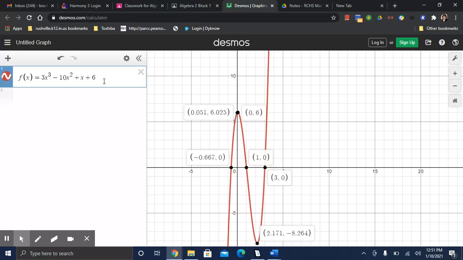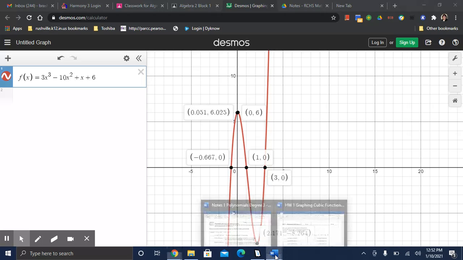You will be typing in to see what your graph looks like, but we already have the graphs done for you on your homework, and you will just have to match what you see from Desmos to the correct choice. So we think that will help you in this process. So this is how Desmos can help you.